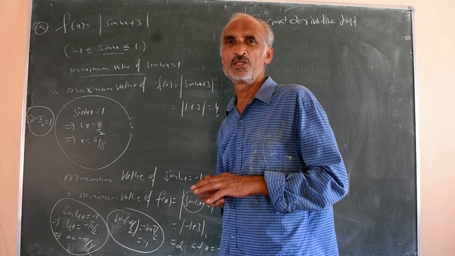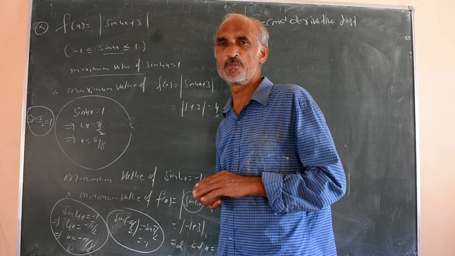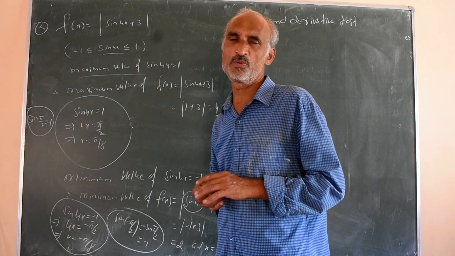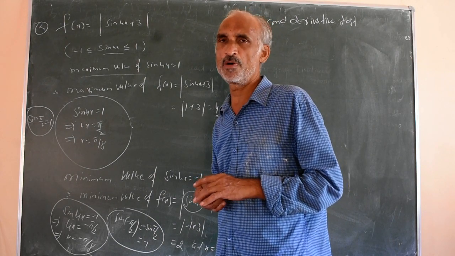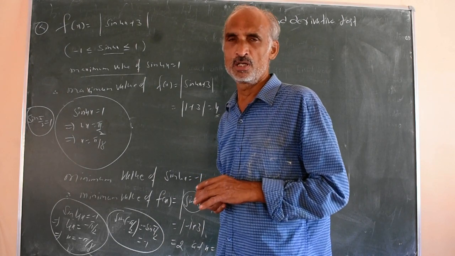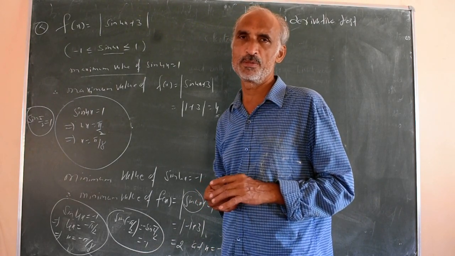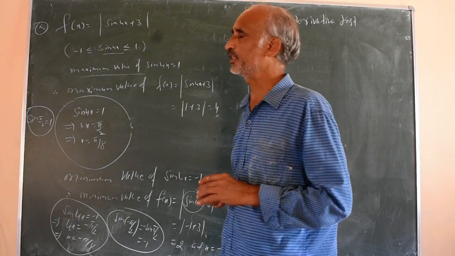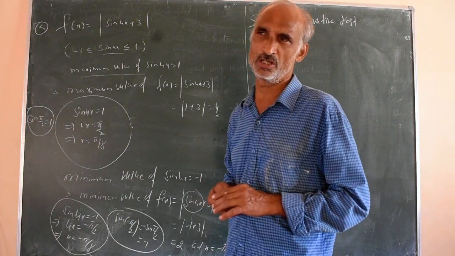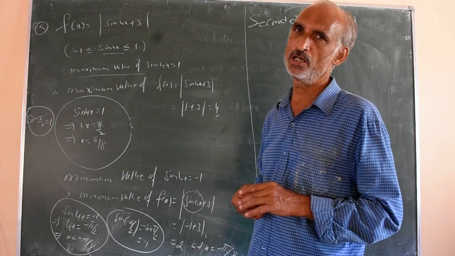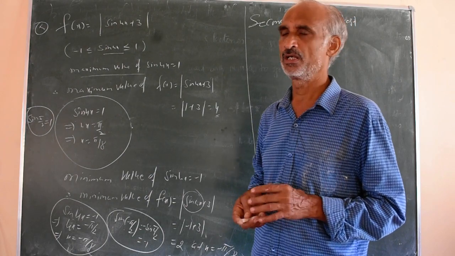Based on these theories, we worked out the maximum and minimum values of the function. It is always difficult to work out the maximum and minimum value on that basis. So there is one definite procedure to work out the maxima and minima of the function, and that is the second derivative test.